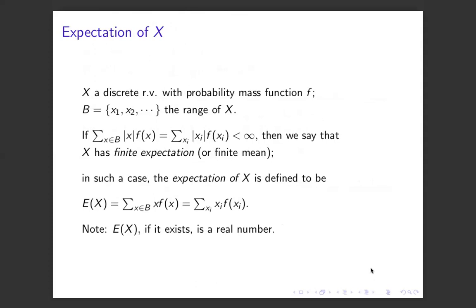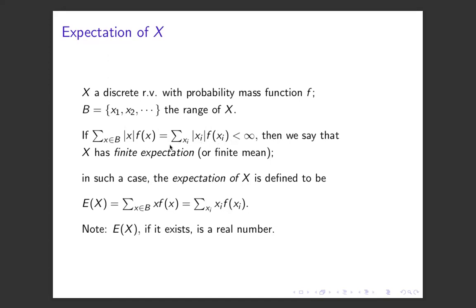So let us quickly look at what is the expectation of X. For a discrete random variable X with probability mass function little f, and B the range, consider the summation over x varying over this range B of mod x times f(x). If you denote the elements of B as x1, x2, etc., that is the summation over i of mod xi times f(xi).